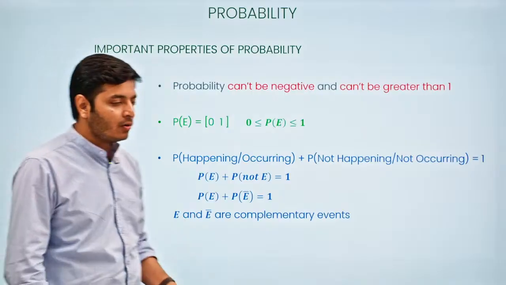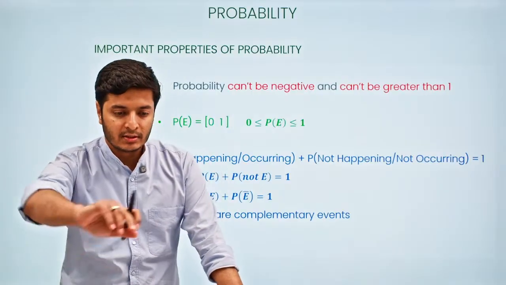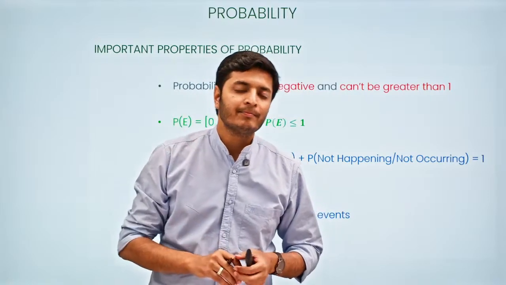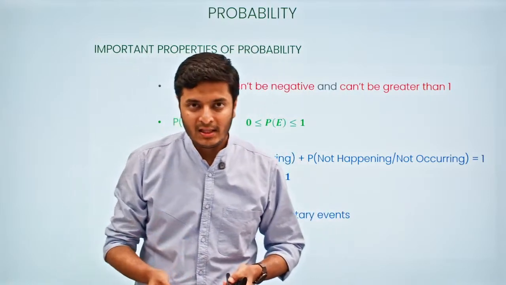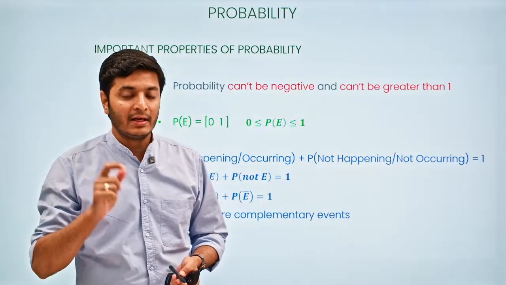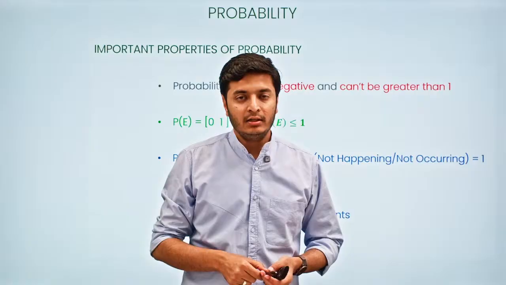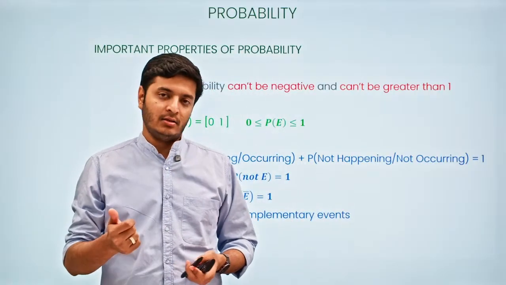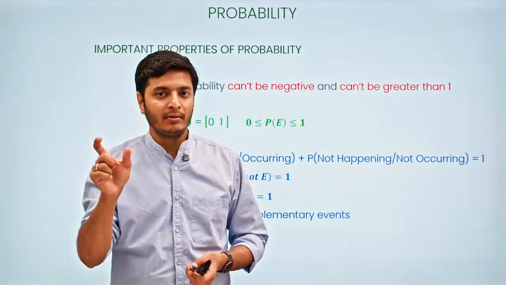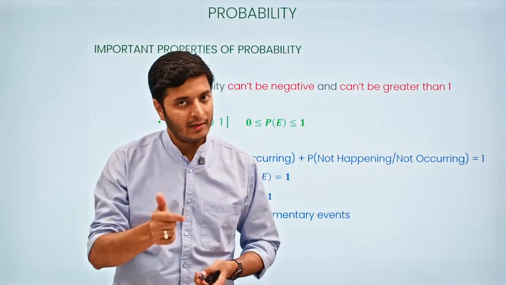There are two things: an event happening or occurring, or not. Suppose I'm tossing this coin, so there are two things. Either I'm going to get heads or tails, or in other language I can say that I am not getting heads or tails. So either an event can happen or it cannot happen, correct?